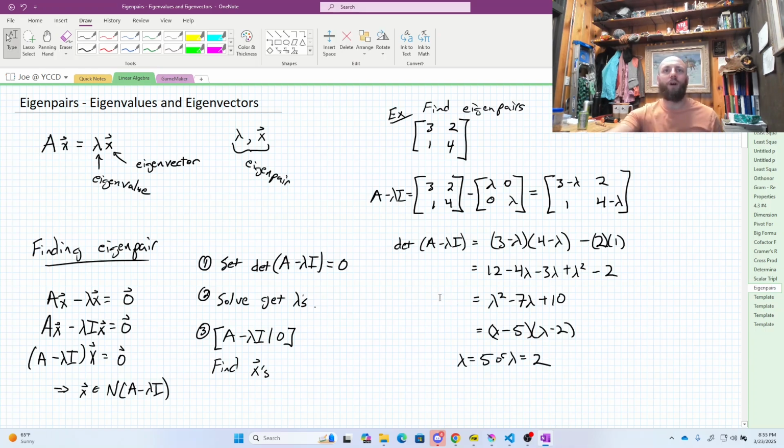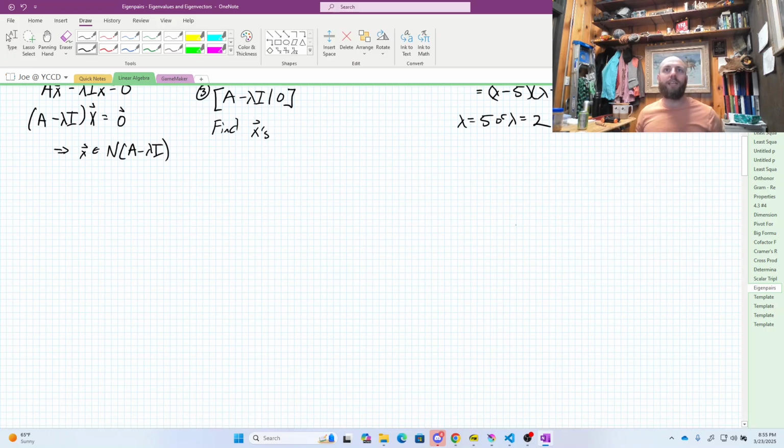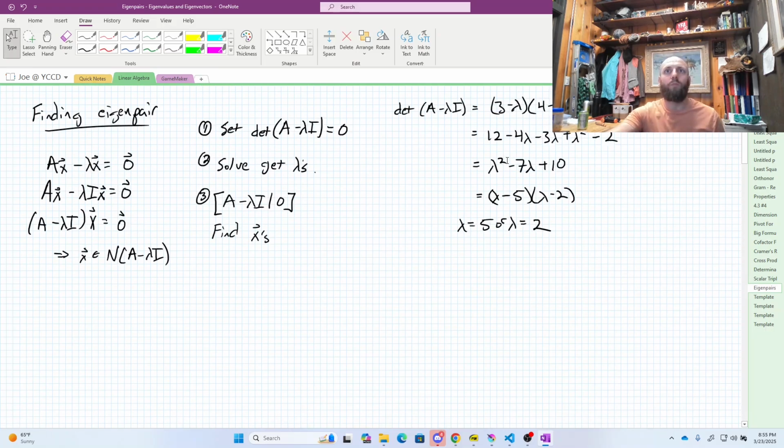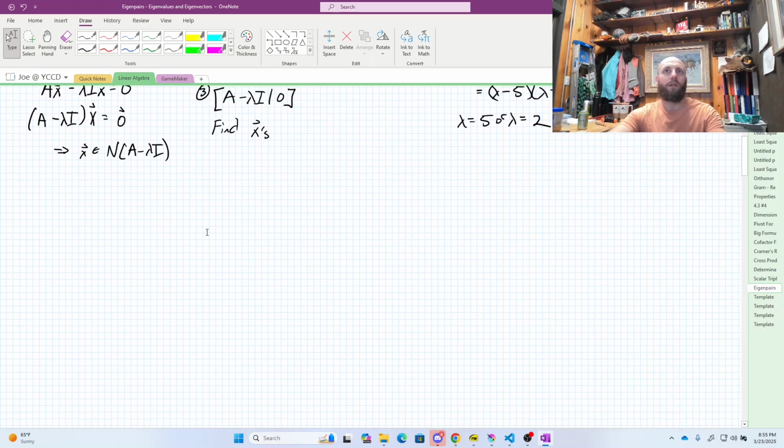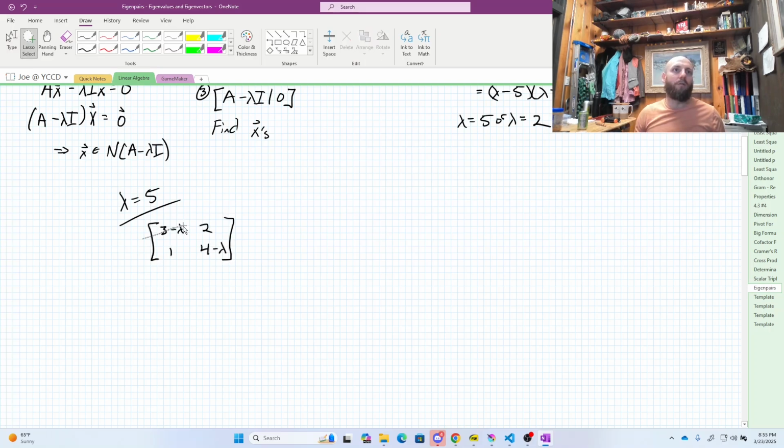Okay, now I'm going to go ahead and find those eigenpairs. So I'm going to take this matrix here, and I'm going to work with the lambda equals 5 case. So I'm going to paste my matrix down here, and then I'm going to drop those lambdas. We are no longer talking lambda and lambda here. We're talking 5 and 5, right?